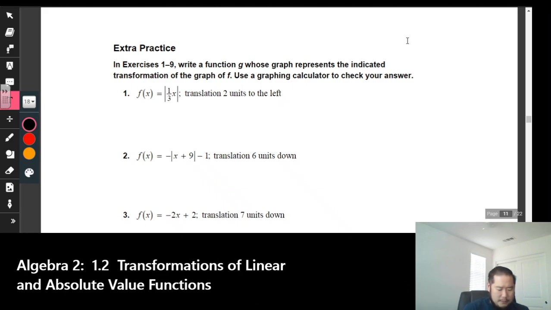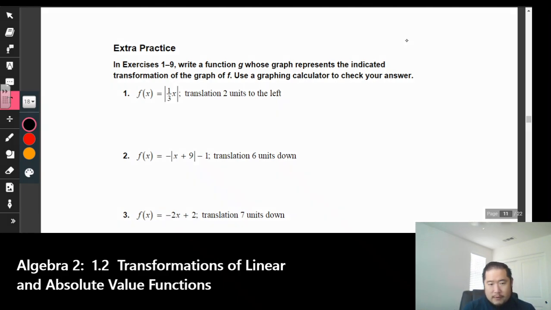Now I tend to show each step as far as input and output, and that'll probably help you in the very beginning, especially when we're uncertain of what to do.